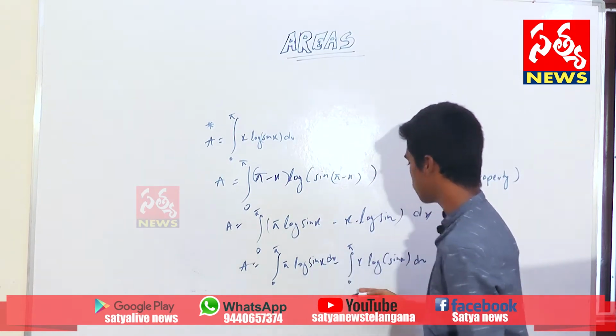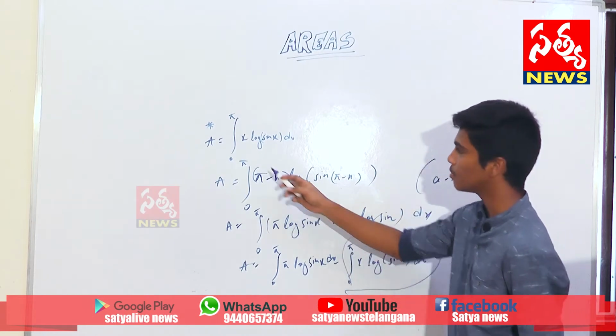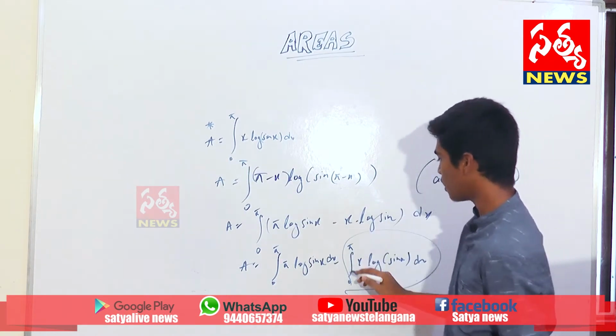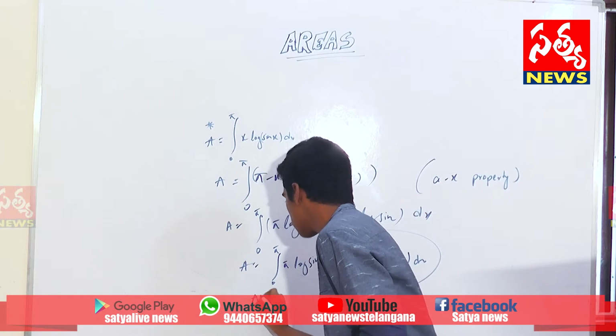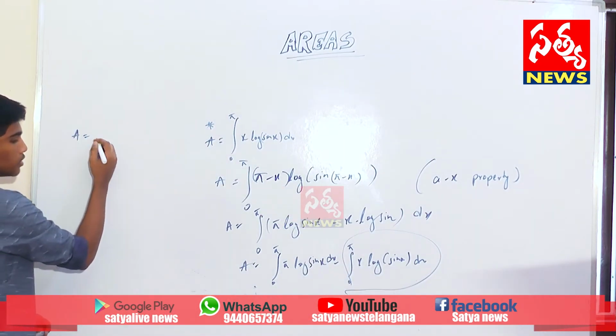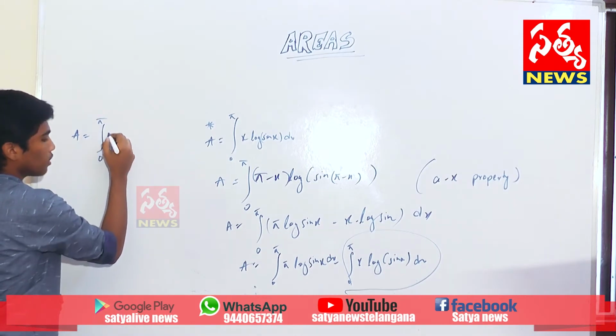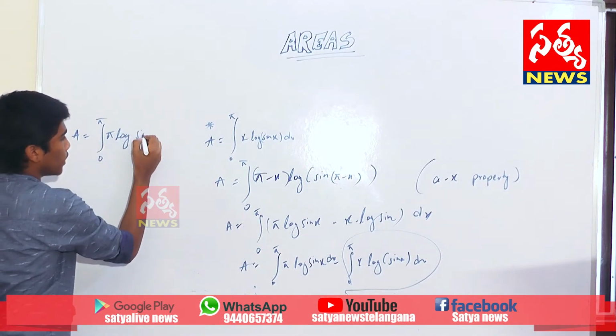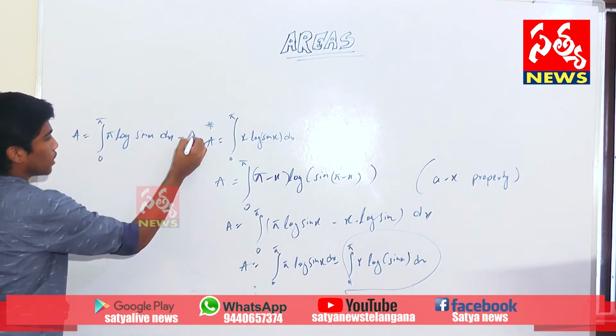See, this second term is the same as the question, which is nothing but A. So we can write A in place of this. So we get A is equal to integration 0 to pi of pi log sin x dx minus A.